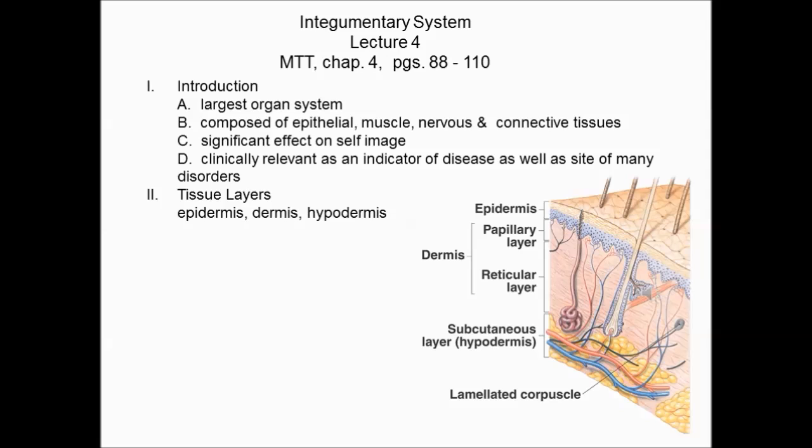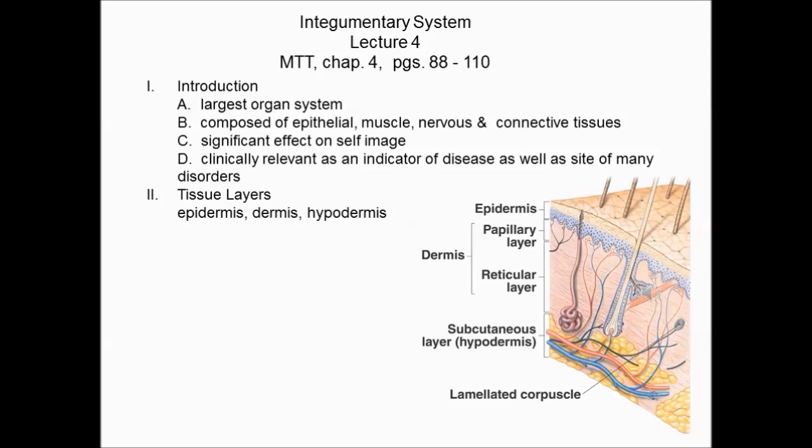Most physiologists don't enjoy this subject because it's not very exciting conceptually, but the skin is an organ, and an organ by definition is a group of tissues working together for a larger function.